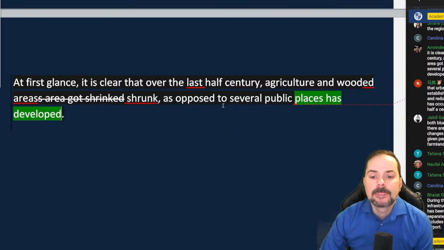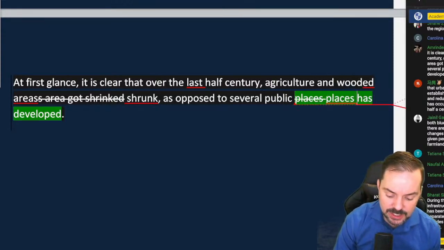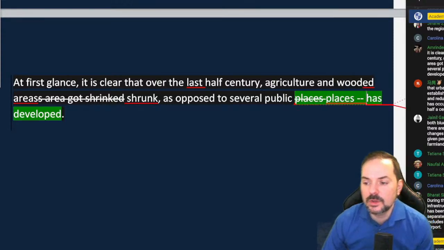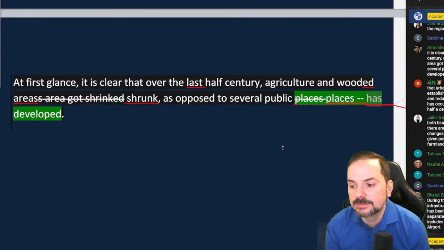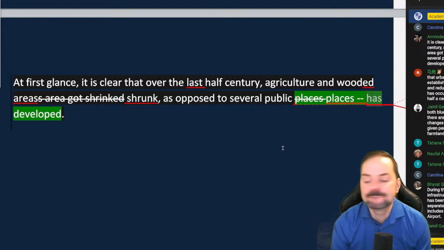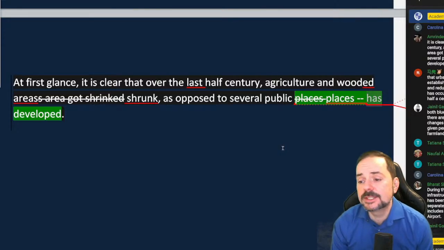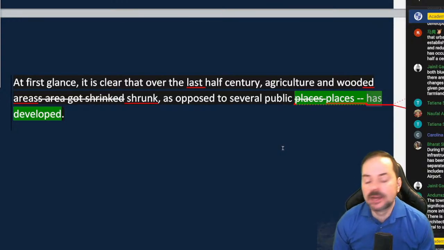So as opposed to several public places, something. I'll give you a little bit of help here. There's a missing word in here. Okay, and there's a bit of a mistake here as well. How do we need to correct this? Okay. Janelle says it's a passive sentence. Yeah, because there's somebody making that development. Absolutely.